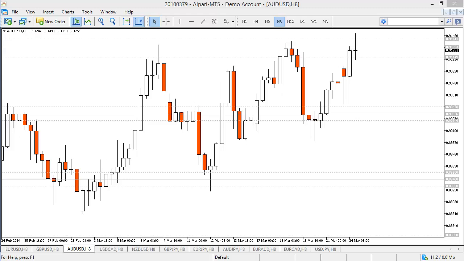Personally, for me, that's worked out quite well. I win the majority of my trades, so a 1-to-2 risk reward ratio is absolutely fine for me. But the strategy can certainly be adapted to get a better ratio if you want to.